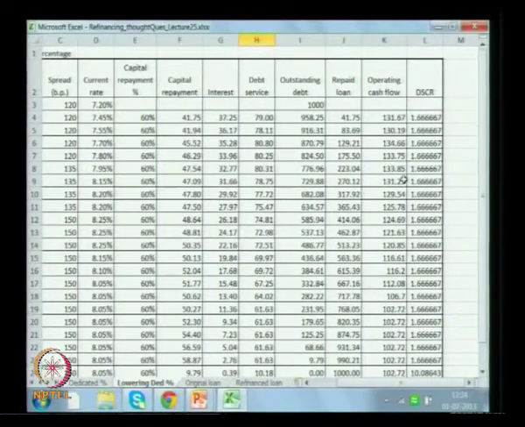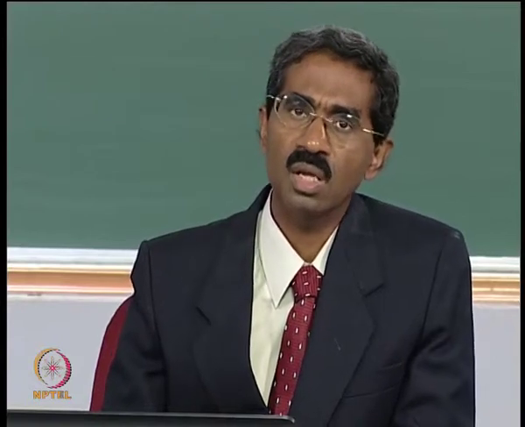Normally what happens when you have a loan repayment, there is a need to create what is called your debt service reserve account. That means you need to create a reserve account which will have a certain amount of cash in it, so that if there are any delays or any shortfalls in cash flows from the project operations, the debt will be repaid from the debt service reserve account.